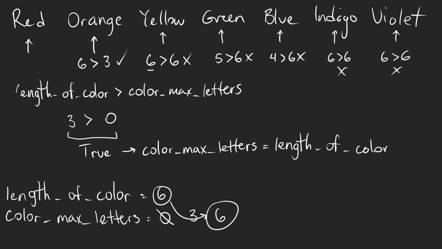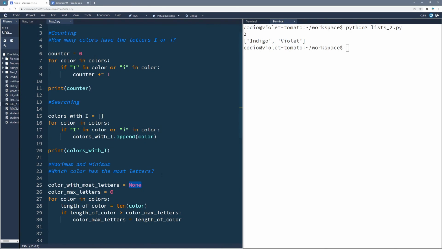Well, to find out what is the color with the most letters, what we can do is set this equal, now instead of None, let's do an empty list, because we know that there's more than one color with 6 letters. Let's use another for loop.